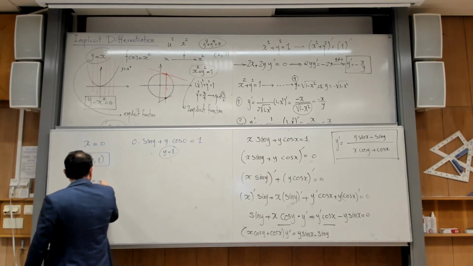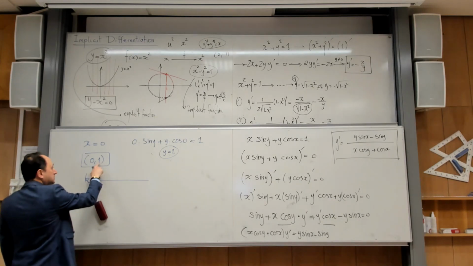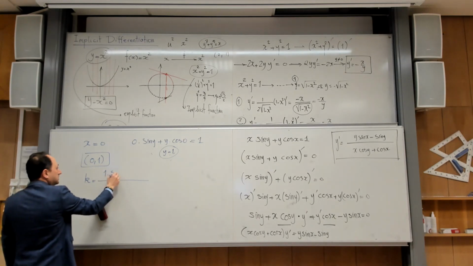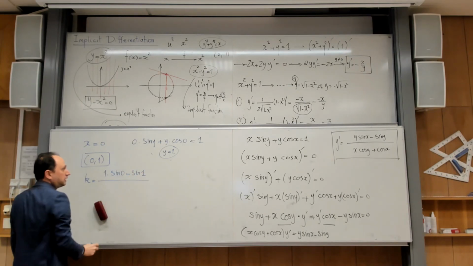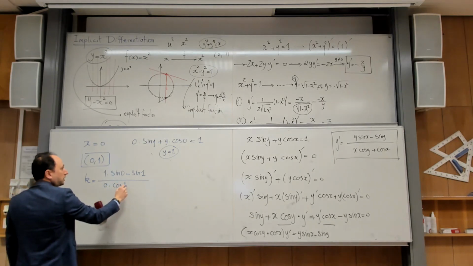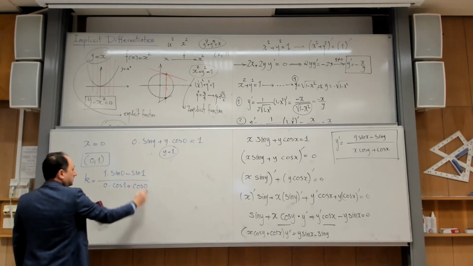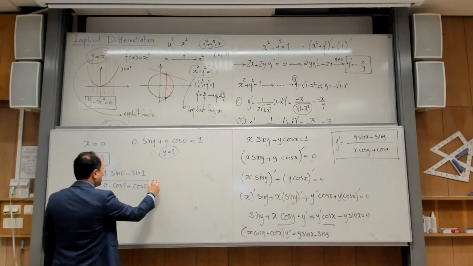So the k value becomes: y is 1, x is 0. Do you agree? Okay, so then let us calculate this.